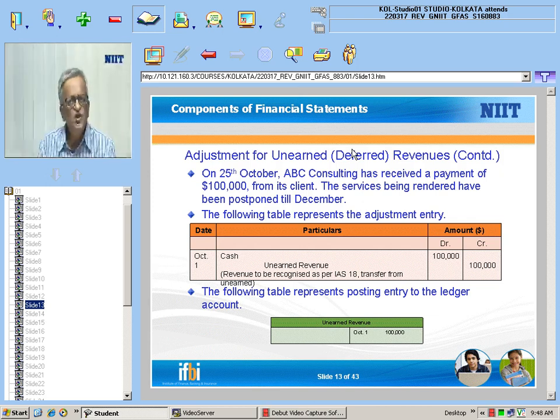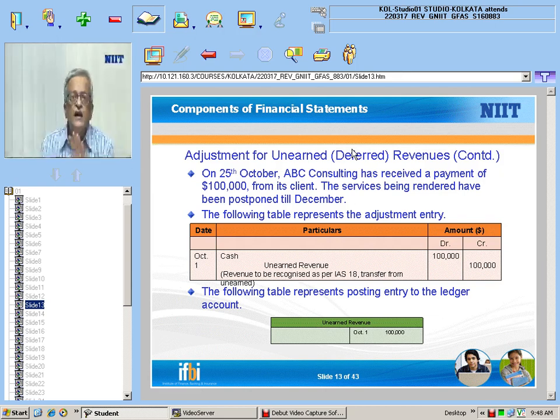Which date? 25th October. Services being rendered have been postponed till December. When will the service be provided? In December. When has the money been received? In October. So money has been received in advance.